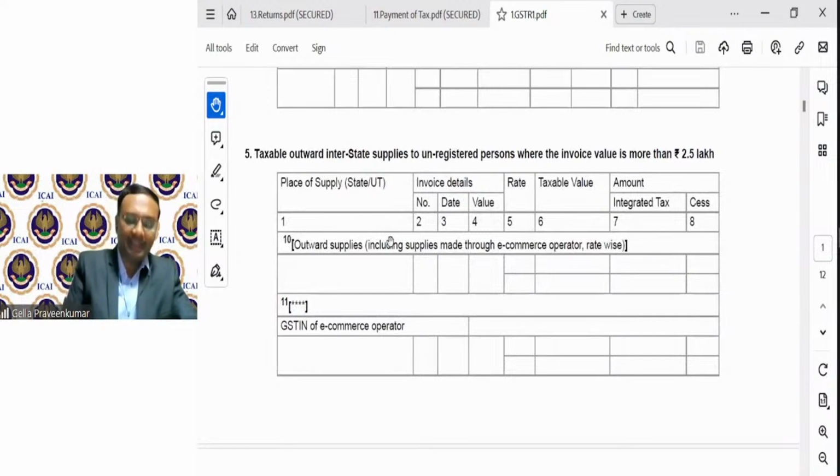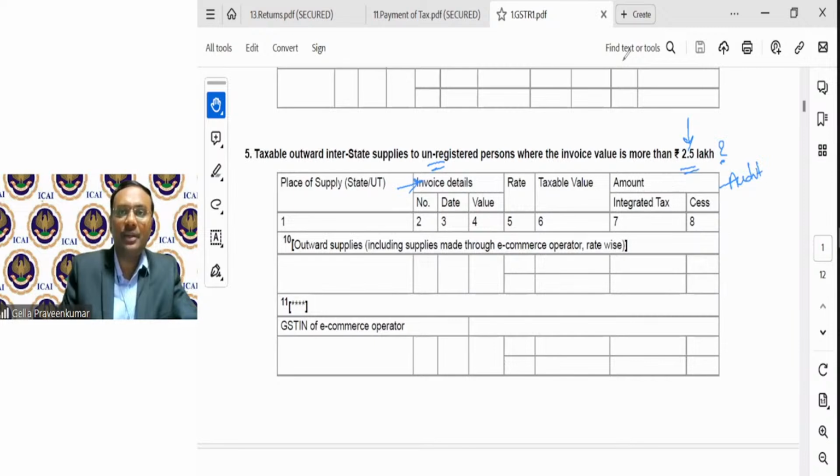Table number 5 is a policy matter where any value exceeding 2.5 lakh, that too a B2C transaction, is captured. So government is interested in this particular transaction. Why are you making a B2C, that too interstate, more than 2.5 lakh? So they wanted this invoice-wise information for their audit point of view.